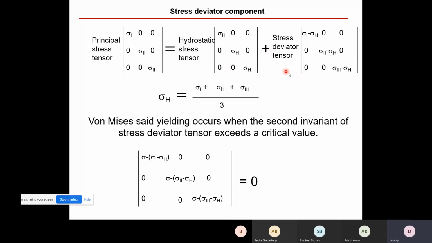And that's why, if I give you the principal stress tensor, sometimes we need to consider the stress deviator tensor, because actually that part is leading to plastic deformation.